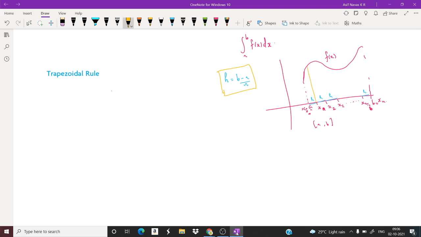The idea is we will cut it into trapezoids like so, and we will add. So this is a trapezoid.